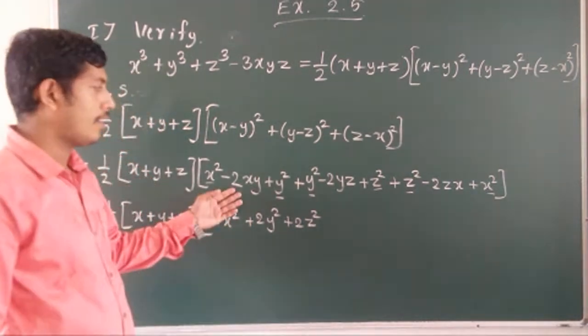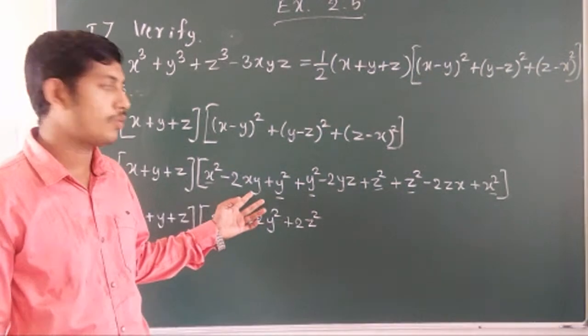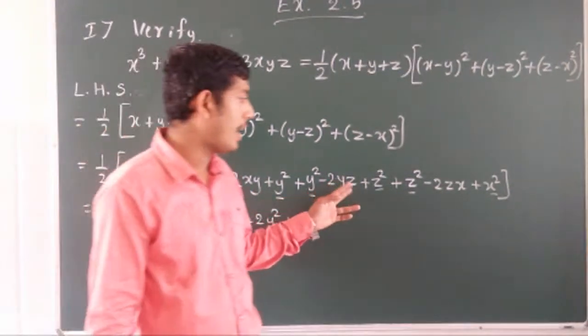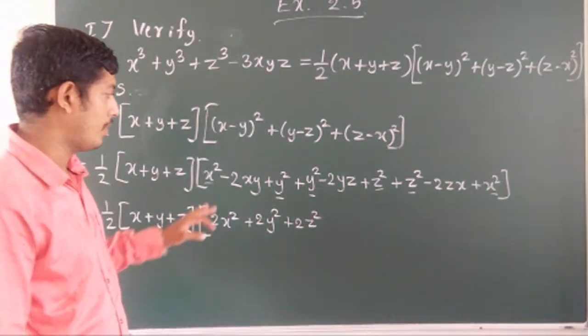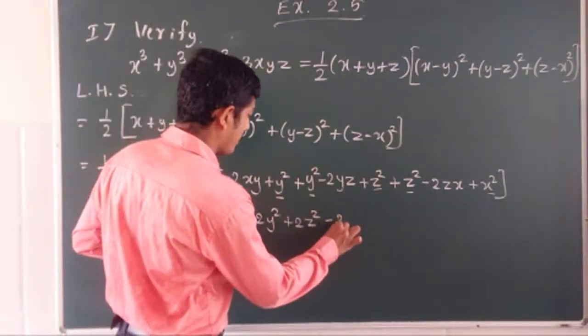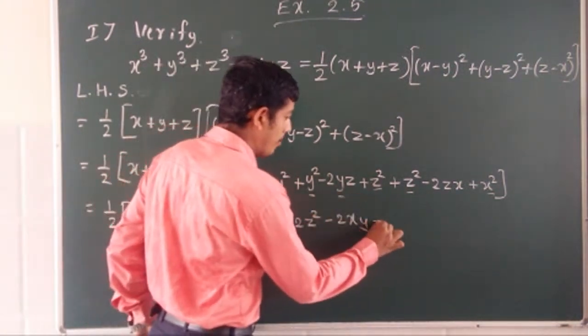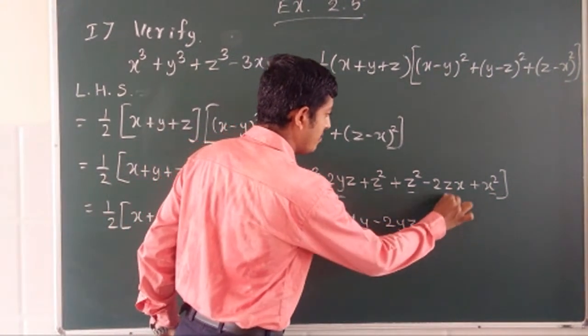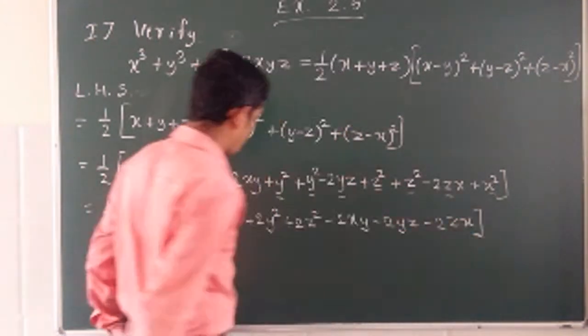The remaining terms are unlike, because each contains two variables: x and y, y and z, z and x. Therefore we can't add or subtract them. So we have 2xy, then minus 2yz, minus 2zx. I'll close the square bracket.